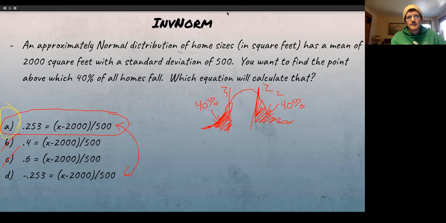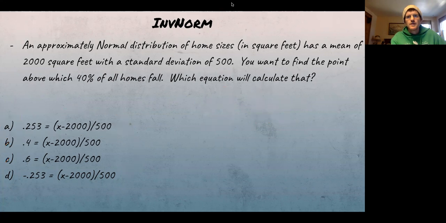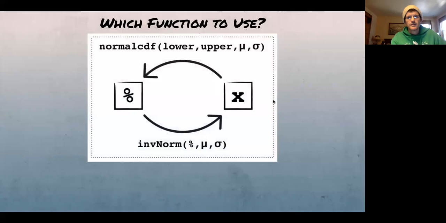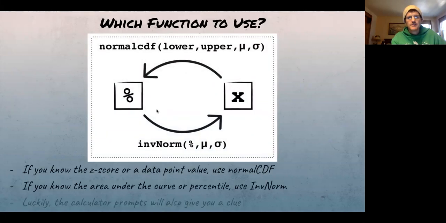And the fact that no one was saying B or C is already a good place to be at. All right, there are some other problems. If you want to get more practice, I encourage you to do that. Here's just kind of a wrap up to say, if you know the percentile, use inverse norm to get your X value or whatever you're missing.